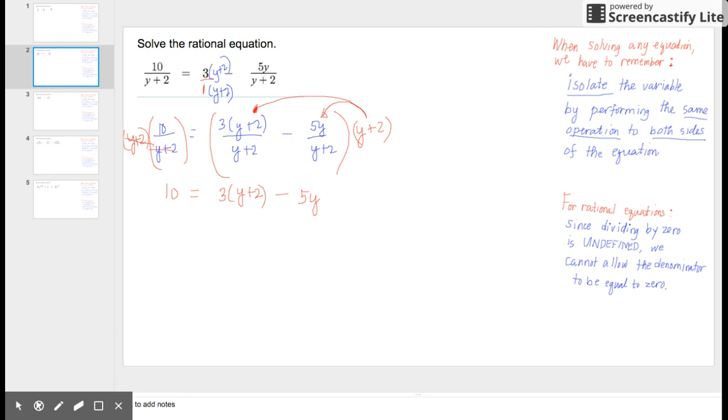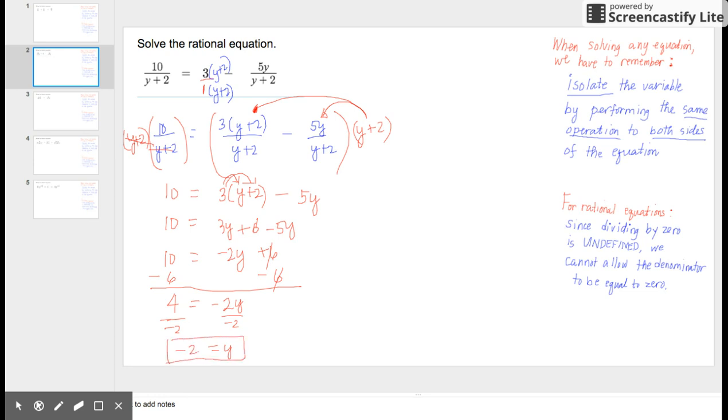So we can just solve this. 10 is equal to, distribute, 3y plus 6 minus 5y. So this is going to be 10 is equal to negative 2y plus 6. I want the y isolated, so minus 6. We'll have 4 equals negative 2y, divide by negative 2. Therefore, y is equal to negative 2.